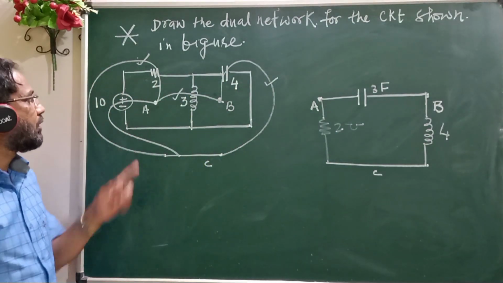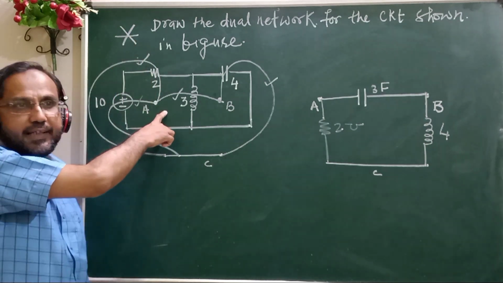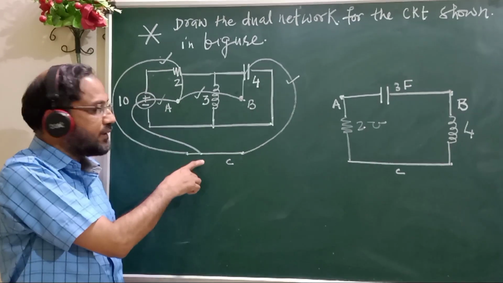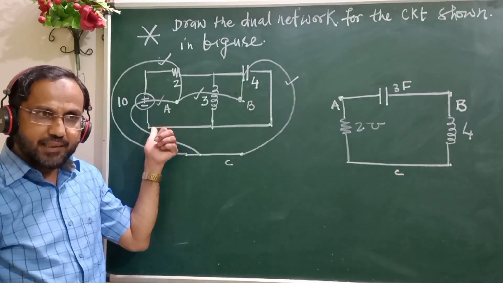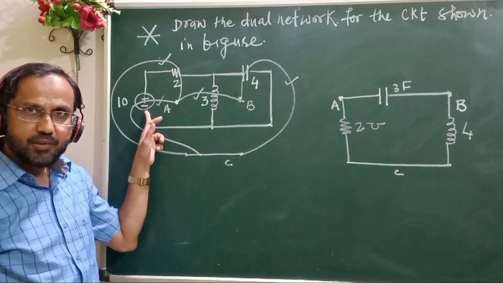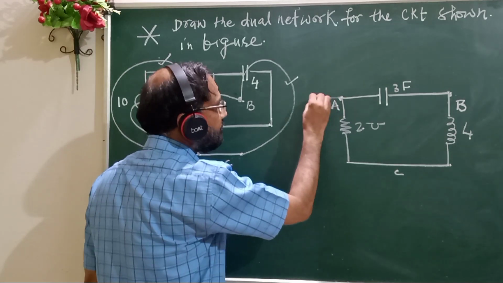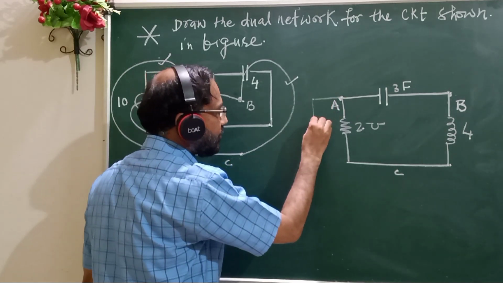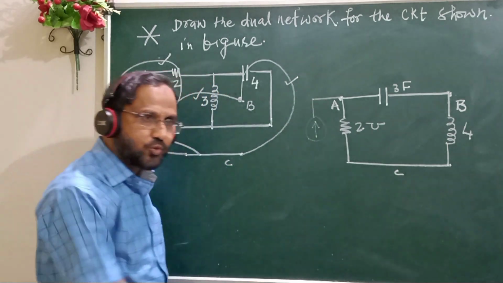Now I am working on this line. Where does this line start? It starts from A and comes to C. What element is in it? It is very clear, a 10 volt source is here. So I am starting a line from A, and the element is the 10 volt source.